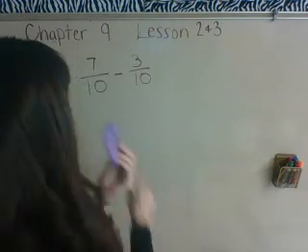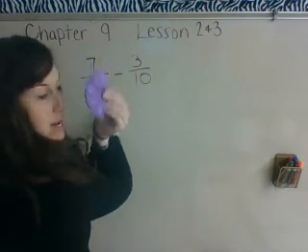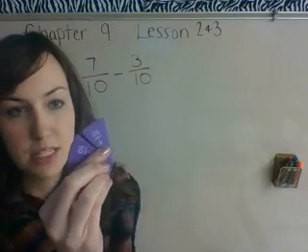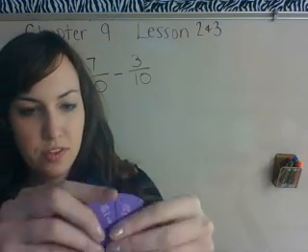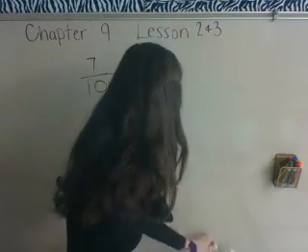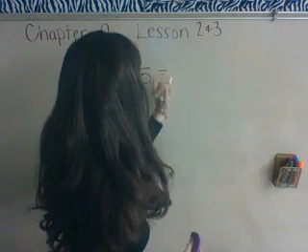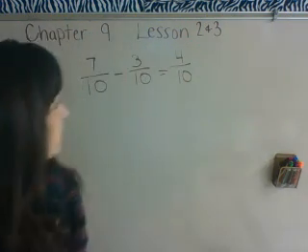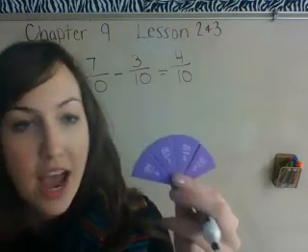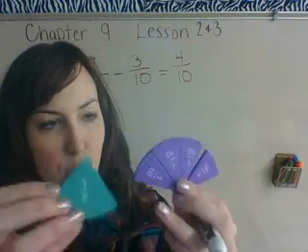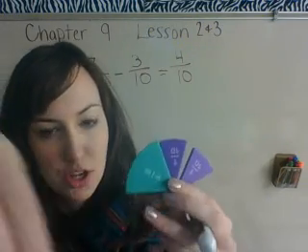So if I have 7/10, which is what I have right now, and I'm subtracting 3 of those, I just take 3 of these pieces away to get 4/10. So that would equal 4/10. Now again, I could look at this and say, well, this 4/10 could be reduced.